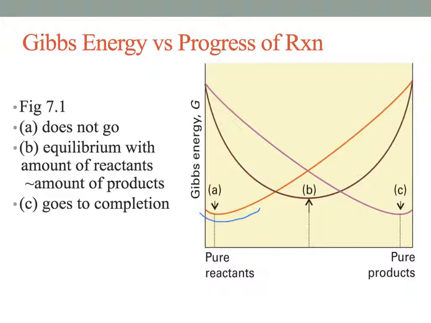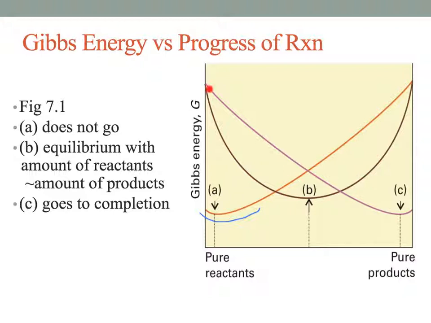So, since the Gibbs energy minimum occurs close to the left side, we would not expect that reaction to go. That's why here it says reaction does not go. We would expect in that reaction that mostly reactants are present. There's not going to be a lot of products formed.